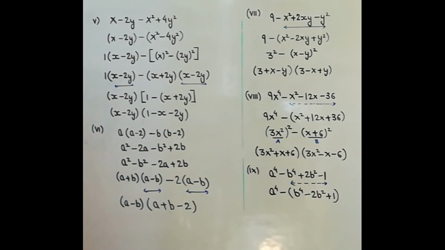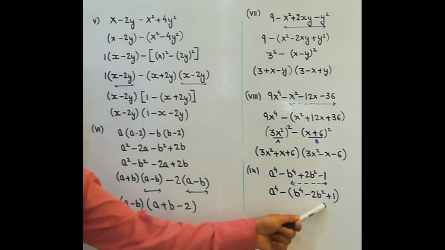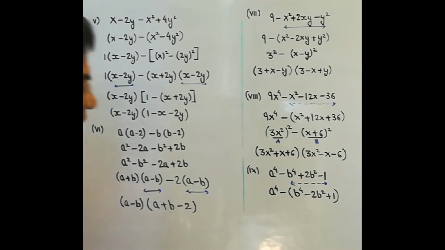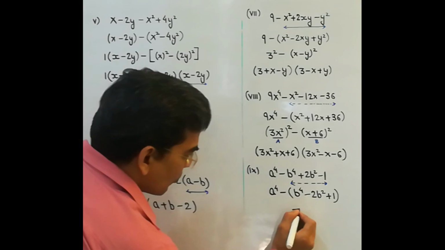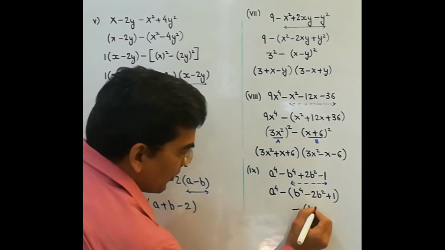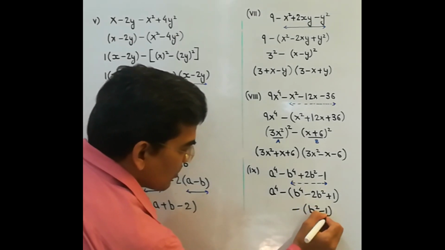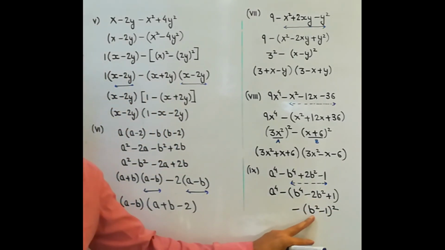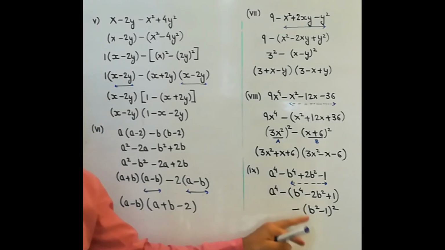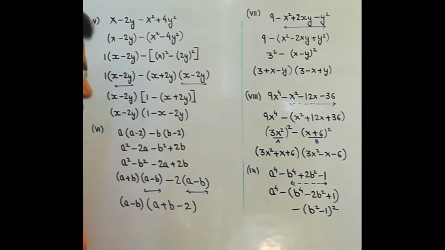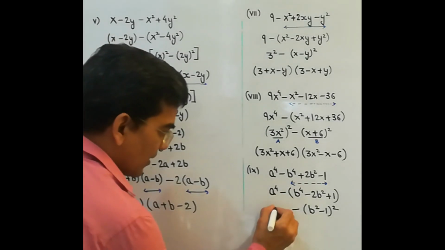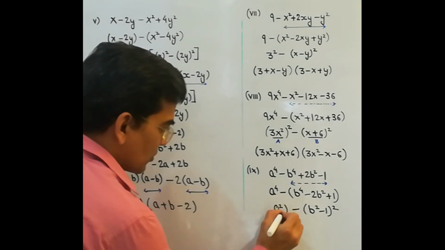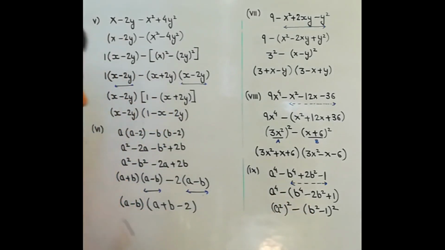Now if you see this group carefully, then this is a whole square. And it is the whole square of b square minus 1. If you expand it, b square minus 1, you will get the same result. So this is the whole square of b square minus 1. And this can be written as a square whole square.